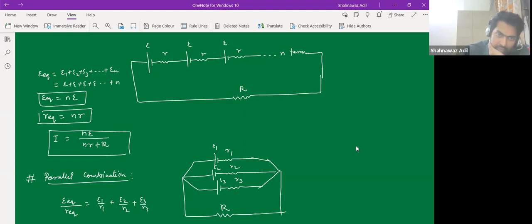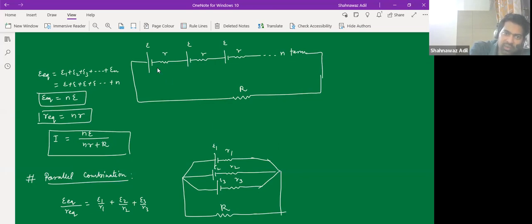The first one is also a series combination, because all these cells are connected with the negative terminal alternately connected to the positive one. Whenever we combine all the positive ones to one point and all the negative ones to the other point, that is a parallel combination.